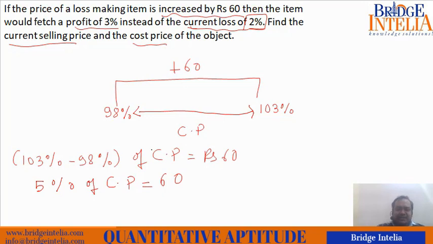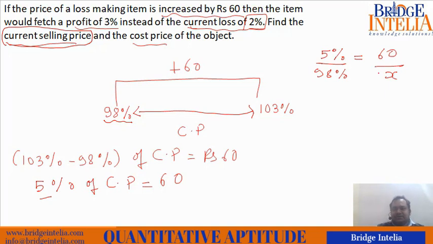So if 5% of something is known, we have to calculate 90% of the same thing, because 90% of the same thing is equal to the current selling price. So let's do that. 5% is known, so this is equal to 60. What is 90% equal to? Proportionality will be maintained, so let's solve it using cross proportionals.